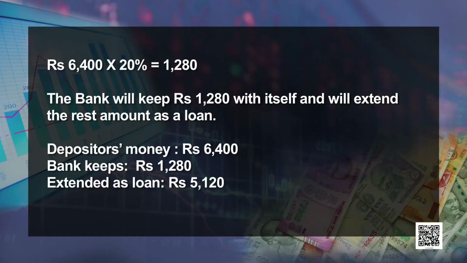So when 6,400 rupees is deposited into the next bank, that bank will also keep 20% and extend the rest as loans. So 6,400 multiplied by 20% gives us 1,280 rupees. The bank will extend a loan of 5,120 rupees. So this cycle would go on until infinity, until the credit creation becomes around 50,000 rupees.